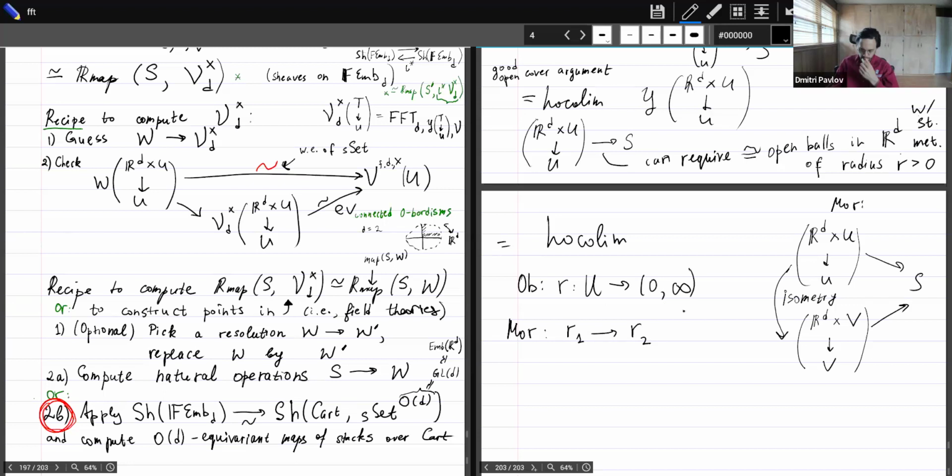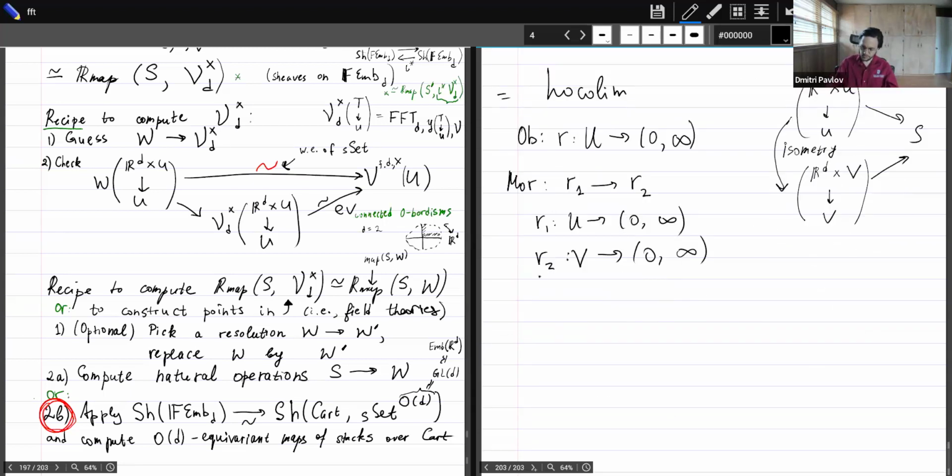These will be given by embeddings. So let's say R1 is a function from U to (0, infinity), and R2 is a function from V to (0, infinity).